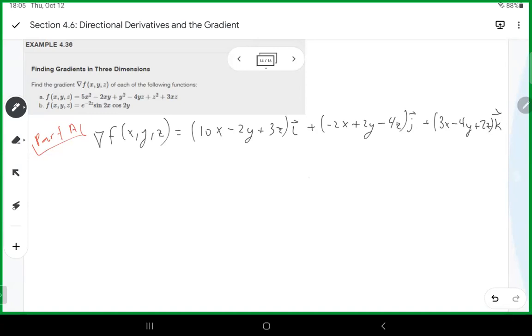Right, so that is your solution for part A. Actually, that's all they needed.